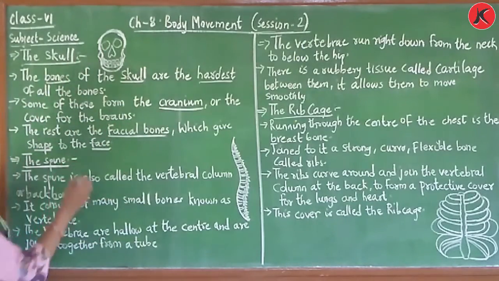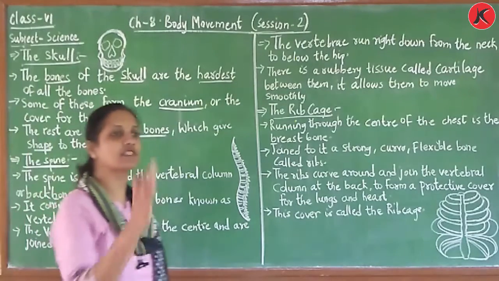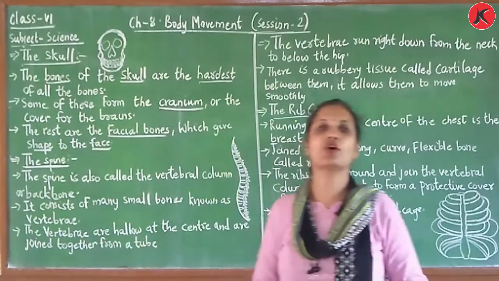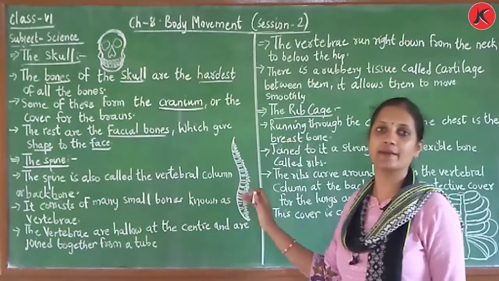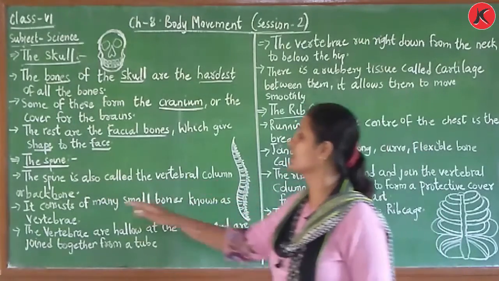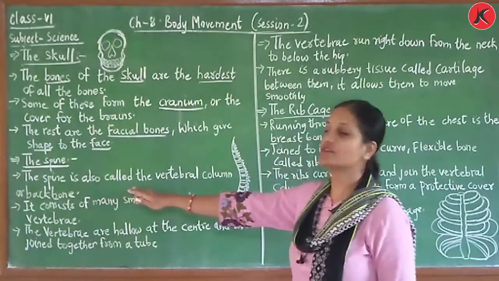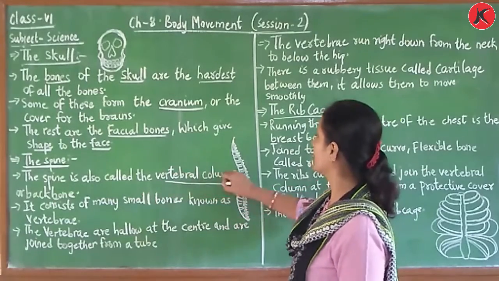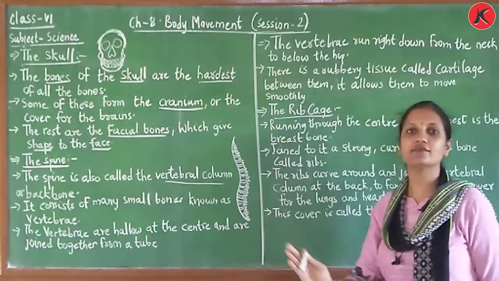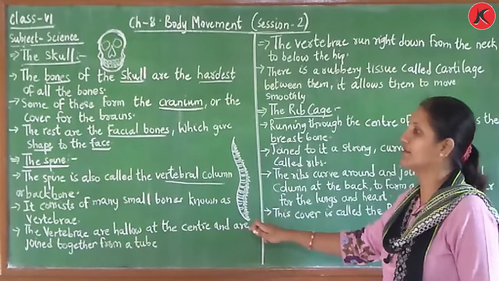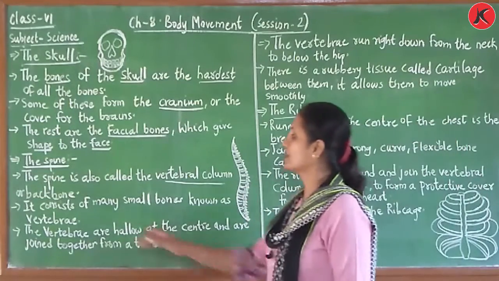Next is spine. Now this spine is situated on the back side of our body. So it is also called backbone or vertebral column. That is why it gives a C shape to our body from the back.